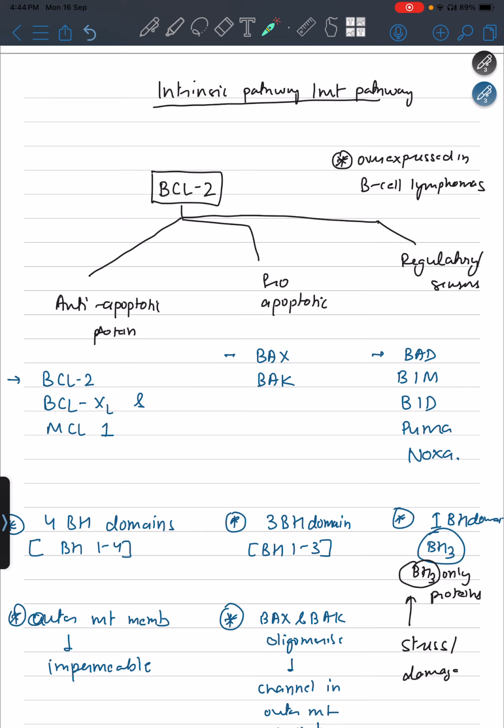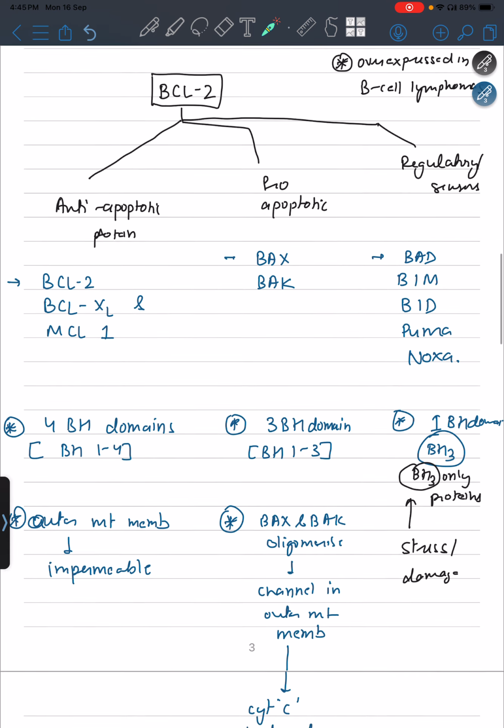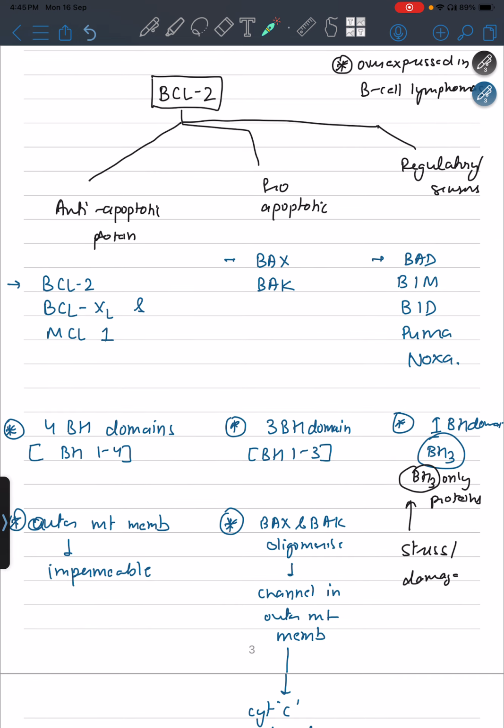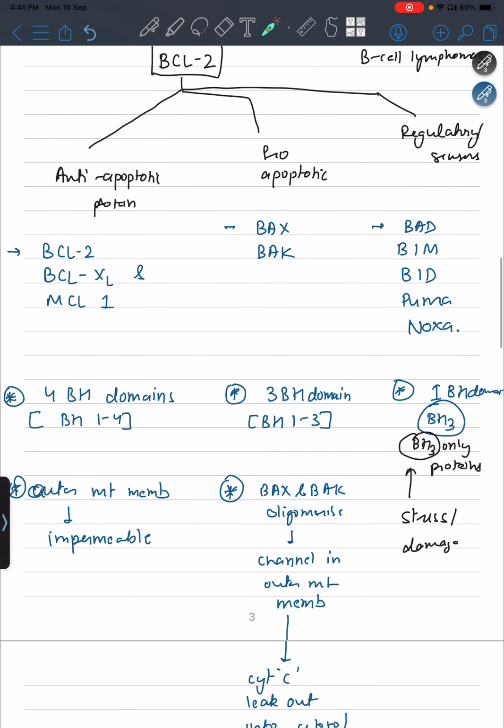The BCL2 family includes some anti-apoptotic proteins that resist or prevent apoptosis, some pro-apoptotic proteins, and some regulator or sensor proteins. The anti-apoptotic proteins include BCL2, BCLXL, and MCL1. The pro-apoptotic proteins include BAX and BAK, and the regulator or sensor proteins include BAD, BIM, BID, PUMA, and NOXA.